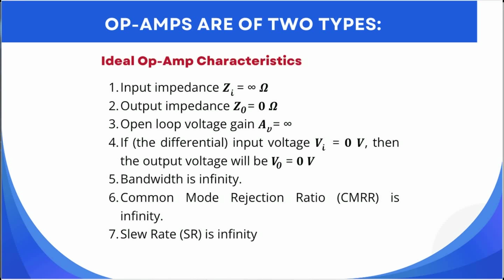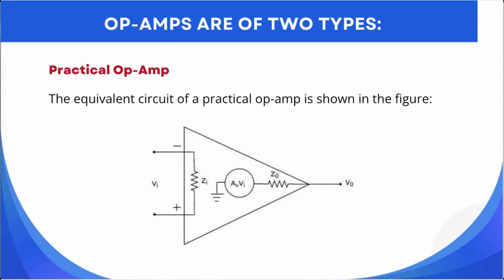Next, the bandwidth is infinity, which means an ideal op-amp will amplify the signal of any frequency without any attenuation. Common mode rejection ratio is also infinity. Slew rate is infinity, which means the ideal op-amp will produce a change in the output instantly in response to an input step voltage.